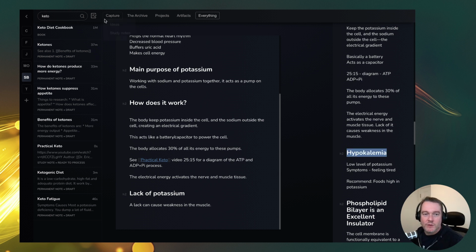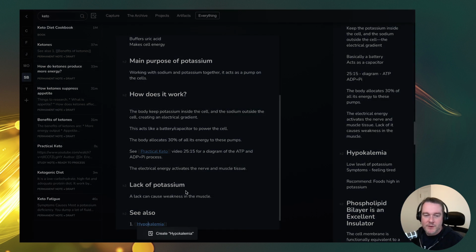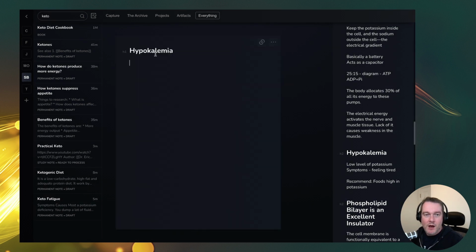There's a thing here called hypoglycemia. Let's see also. No, not hypoglycemia. I'm just reading that without thinking. Hypokalemia. So this is the low level of potassium. Symptoms: feeling tired.